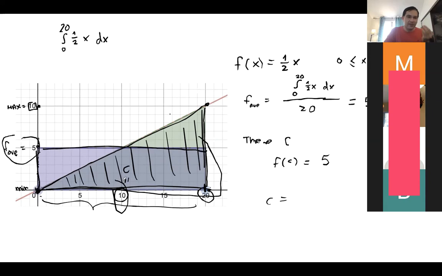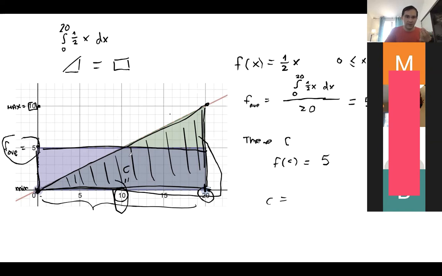The mean value theorem says that if you know the average value of this function, then you can find the rectangle such that the area of this is exactly the same as the area of this rectangle. That's the key point of the mean value theorem.